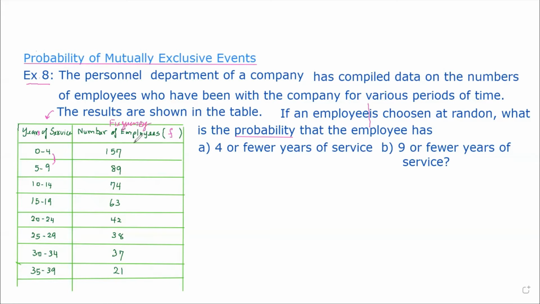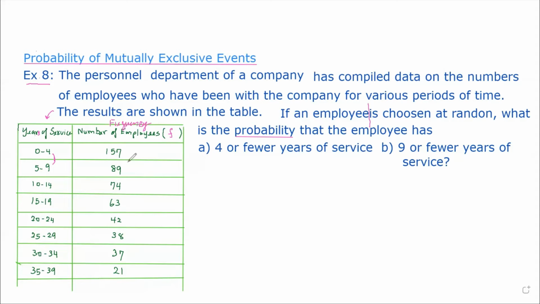From the years of service, each class, like 0 to 4, has 157, 5 to 9 is 89, and 10 to 14 is 74.